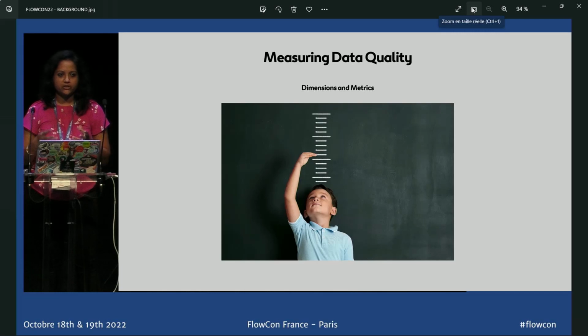It's normally associated with that, which refers to the subjectivity and context dependency of this topic. So what is good quality data for your use case may not be sufficient for another application. It's also typically a multi-dimensional concept, so you have various dimensions which represent what good quality data is, such as accuracy or timeliness, which can be directly related to some of the buckets that we just saw.